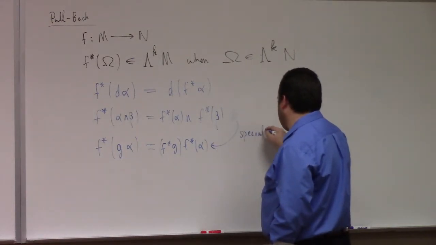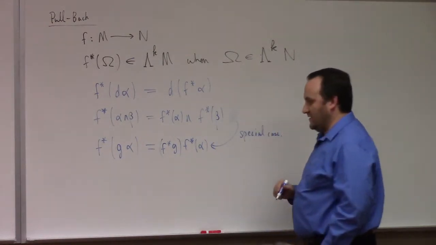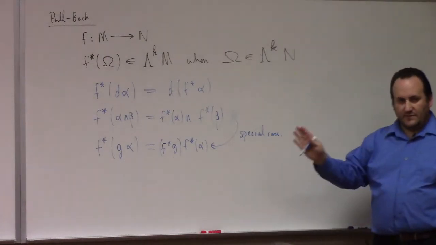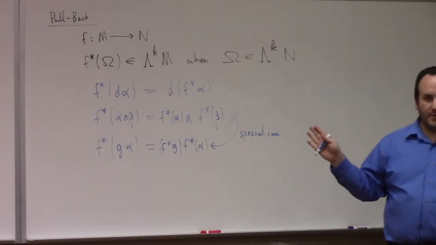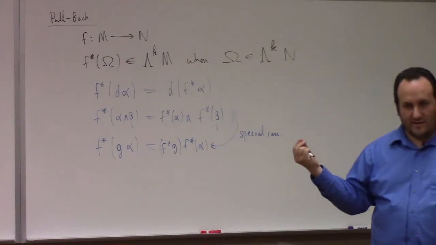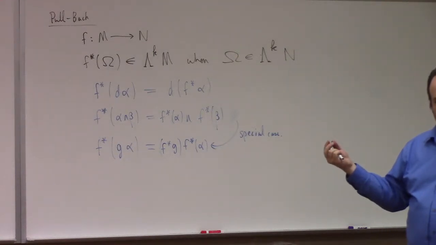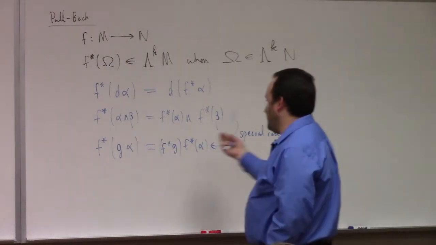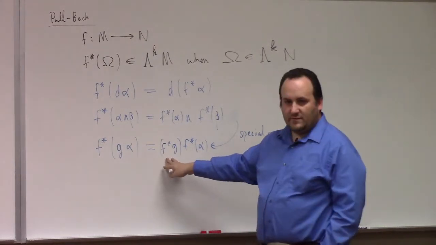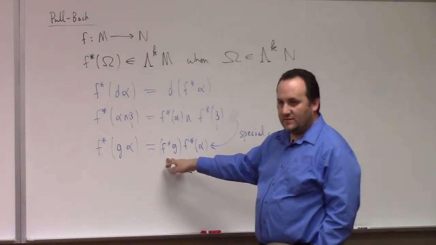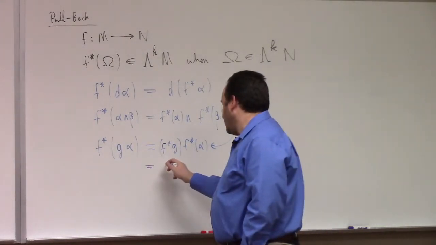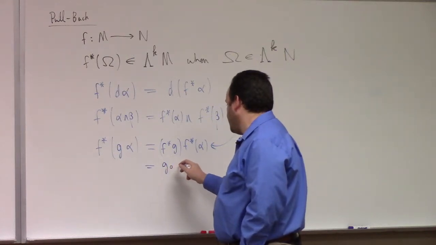But just to make sure we're all on the same page, a scalar function multiplied by a form is a wedge product in a kind of trivial sense. So you still have this. But what is that actually? What's the pullback of a function? It's just composition, right?